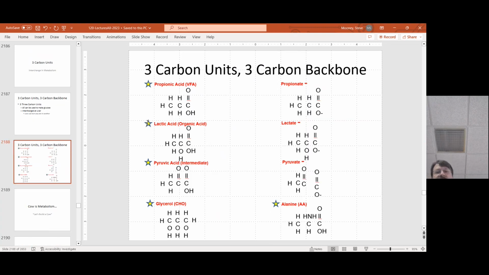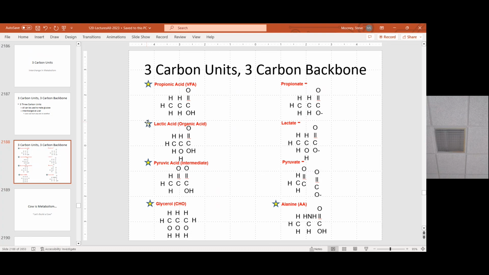So we can use alanine, glycerol, pyruvic acid, lactic acid, or propionic acid. The bulk of the glucose is made from these top 2, propionic acid probably more than lactic acid, but they are highly interchangeable in the body.